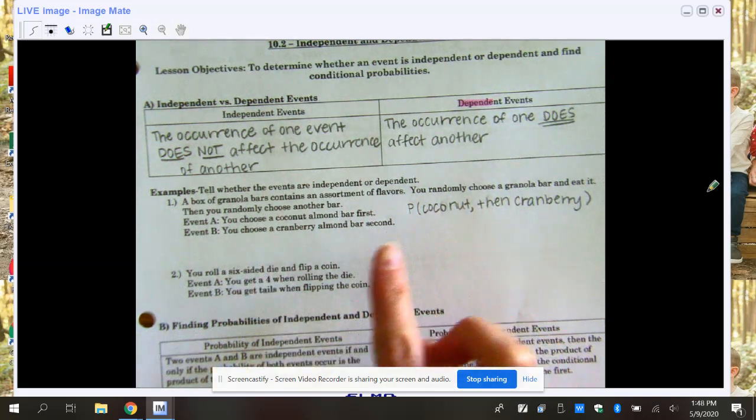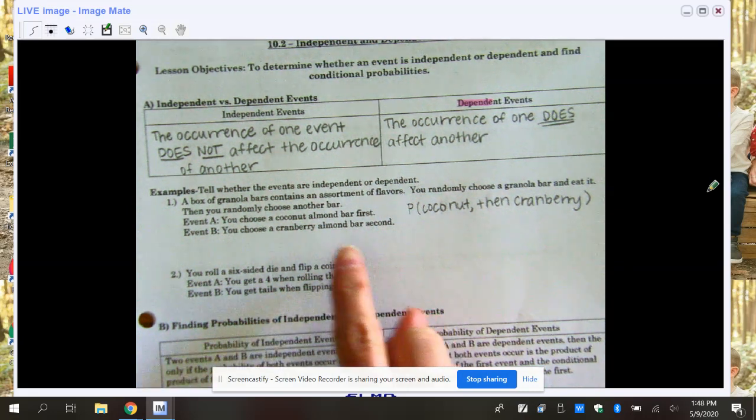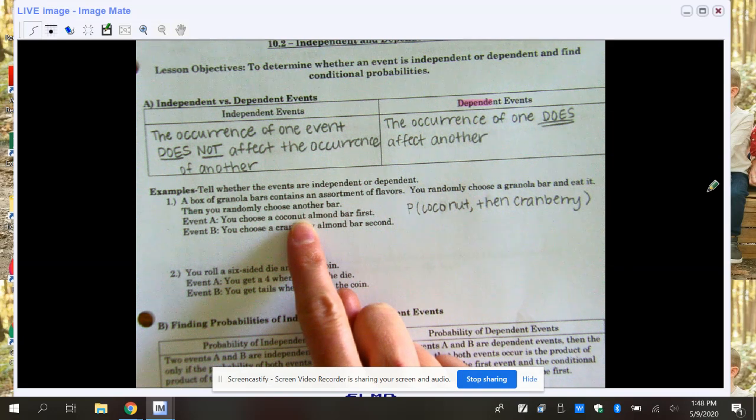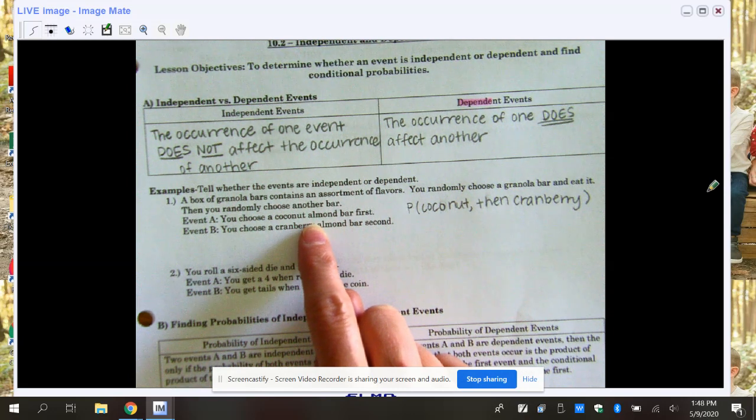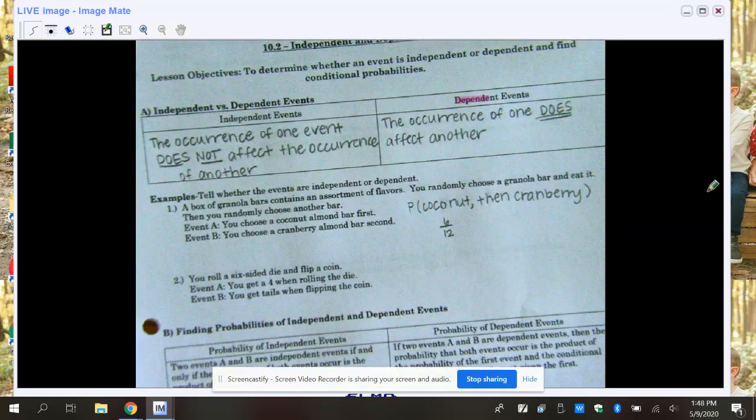Okay, so if you read the sentence again, it says a box of granola bars contains an assortment of flavors. You randomly choose a granola bar and eat it. Okay, so if I want to know the probability that I choose a coconut almond bar first, let's just say there are 6 bars of each. There's 12 total bars. So then I would have a 6 in 12 chance of picking coconut.